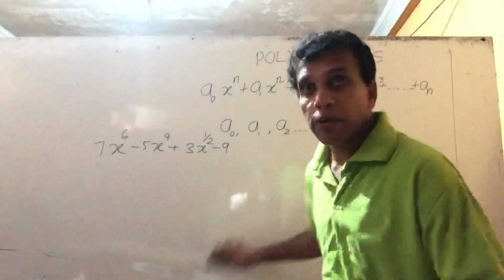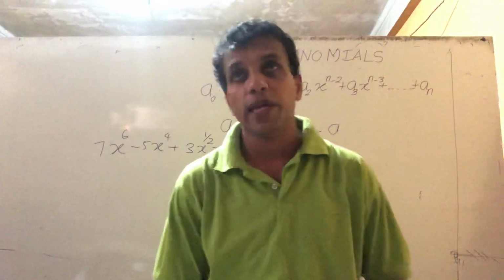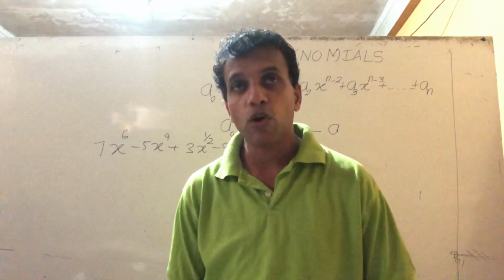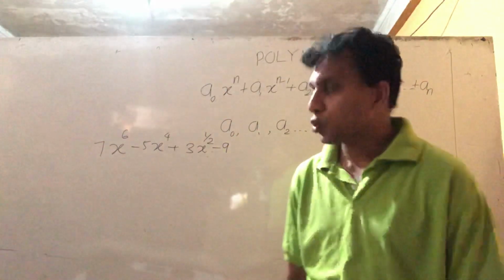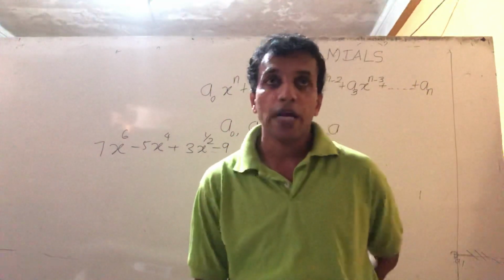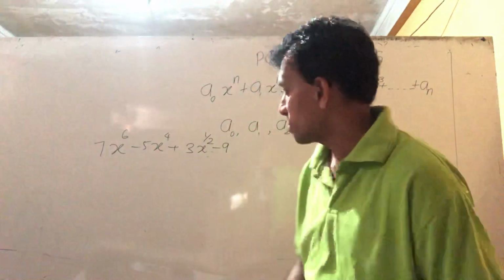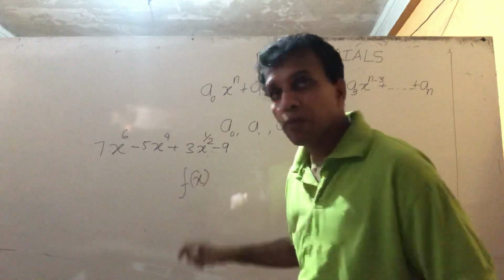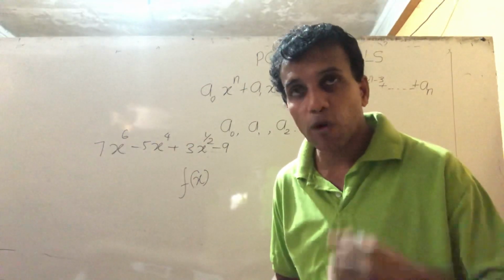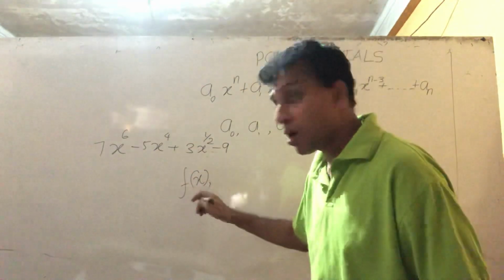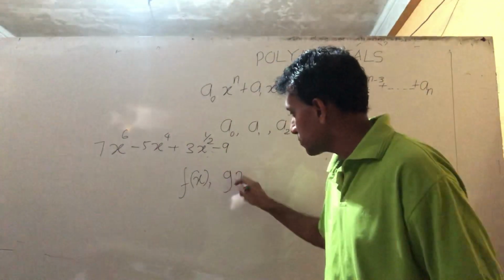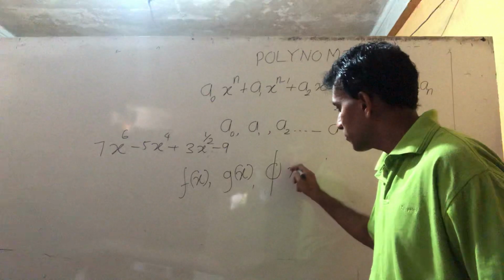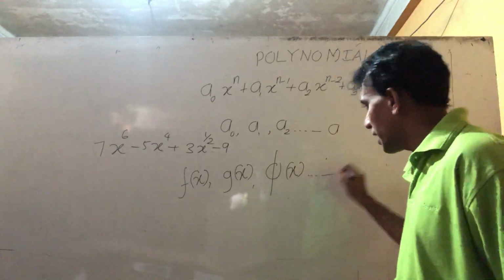Okay, right, the other point. Usually polynomials are denoted by, say, like this, f of x. The symbol for writing the functions, polynomials: f of x, comma, g of x, comma, like this, 5x, and like that.